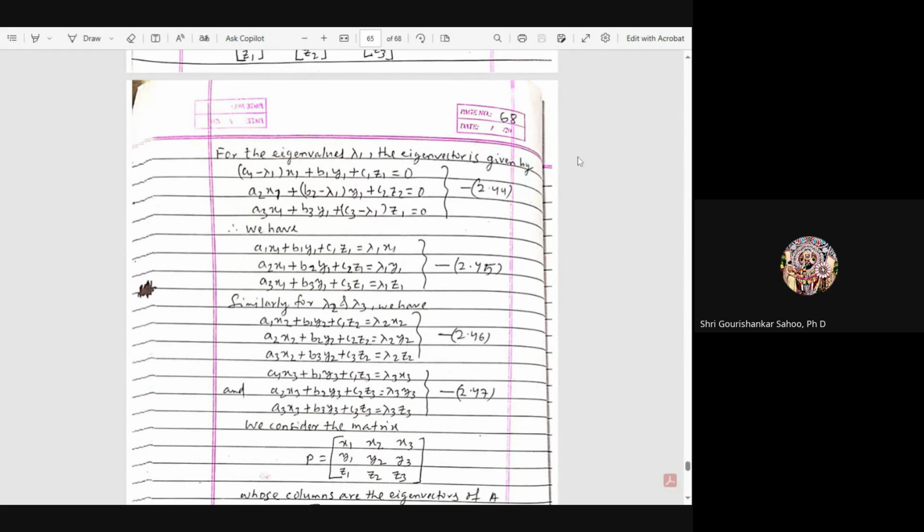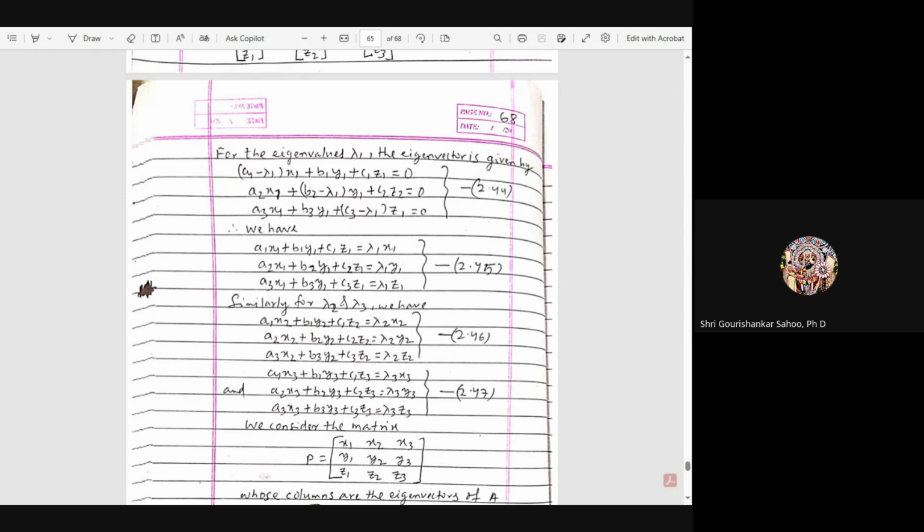So for the eigenvalue lambda 1, the eigenvector satisfies (a1 minus lambda 1) x1 plus b1 y1 plus c1 z1 is equal to 0. Similarly, a2 x1 plus (b2 minus lambda 1) y1 plus c2 z1 is equal to 0, and a3 x1 plus b3 y1 plus (c3 minus lambda 1) z1 is equal to 0.